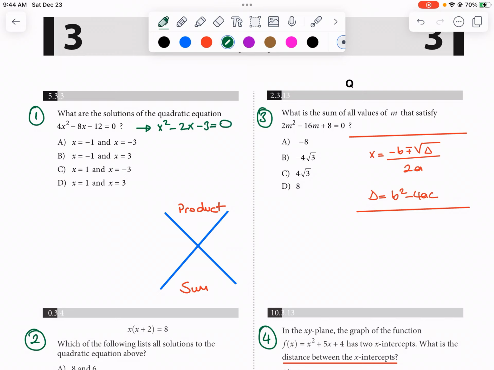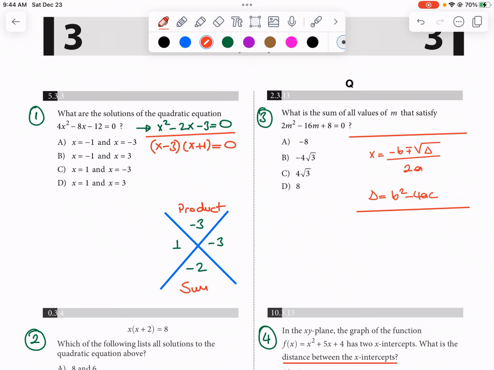And then we can now factorize it. So the product of two numbers is negative 3 and the sum of these two numbers is negative 2. Factors of negative 3 that add up to negative 2. So those two numbers are going to be negative 3 and positive 1. Now we can factorize it: x minus 3 times x plus 1.